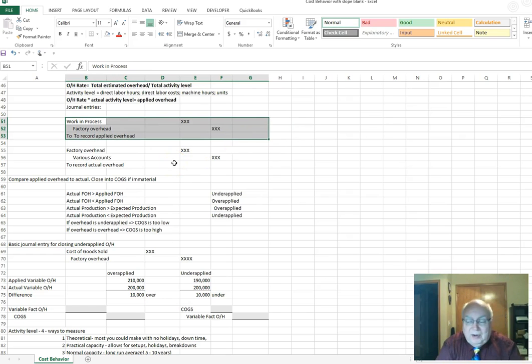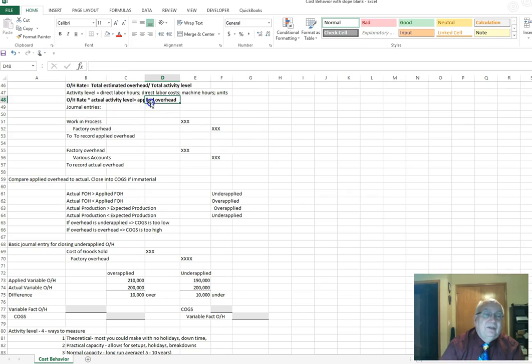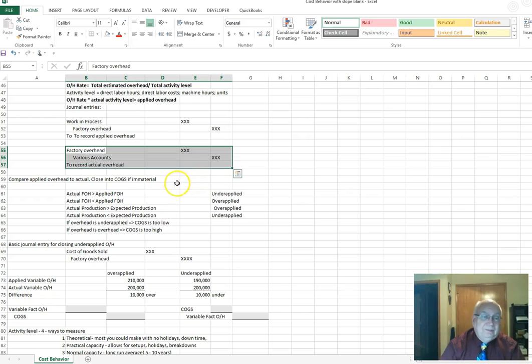And then this is the journal entry you would use for the applied overhead. You debit work in process, and you credit factory overhead. That's the applied overhead, whatever this number is right there that you come up with. This journal entry is for actual overhead. Now, you don't have an account called various accounts.